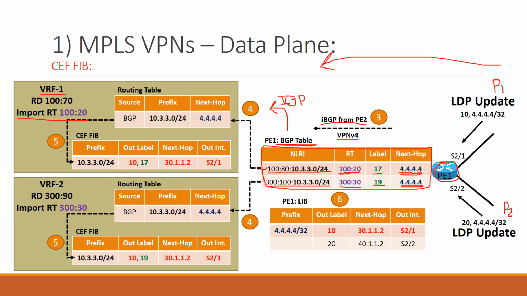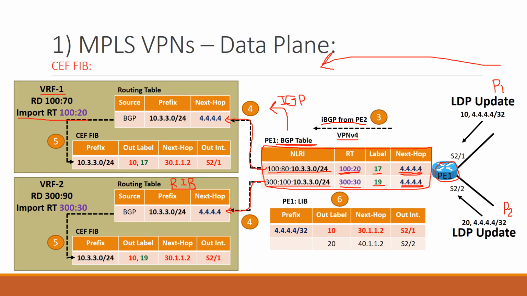So this entry will go to the VRF1 routing table, and this entry will go to the VRF2 routing table. And this is the VRF inside, because as we mentioned earlier when we were discussing the VRF, it consists of a RIB, a routing table, and a CEF forwarding information base. And the CEF forwarding information base comes from the routing information base.